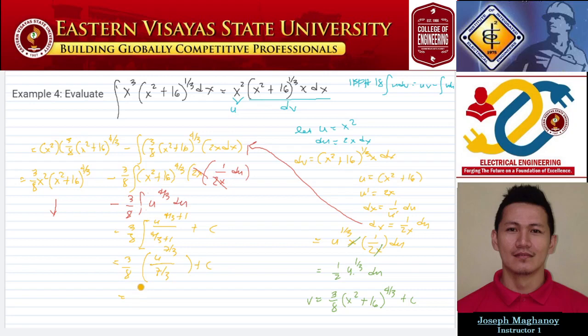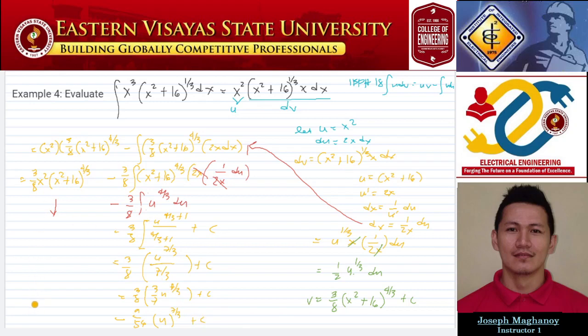So 3/8 times 3/7 u to the 7/3 plus c. So finally we can say the negative 3 over 7 and 9 over 56, then our u to the 7/3 plus c.